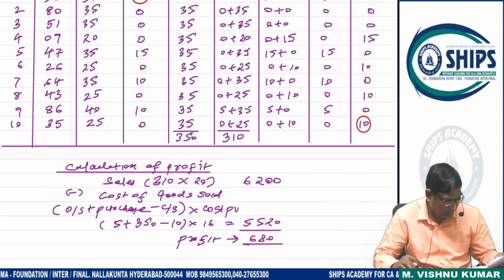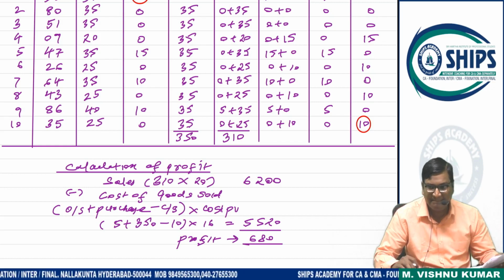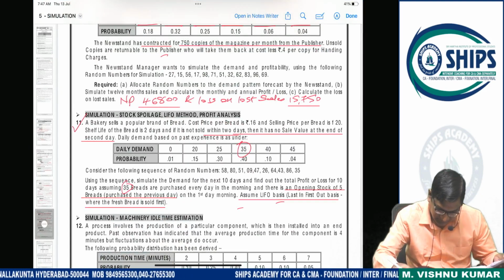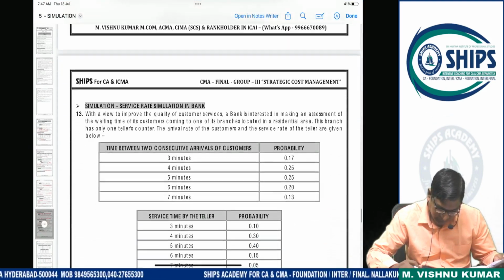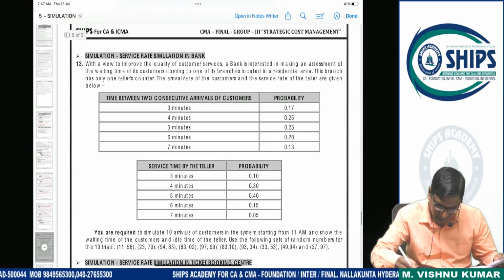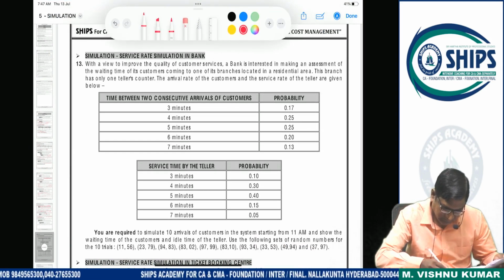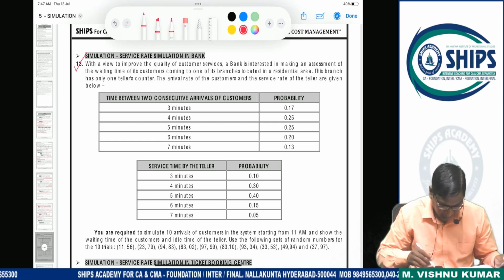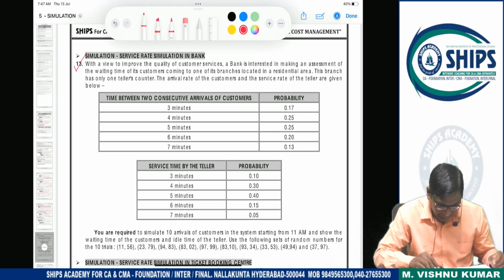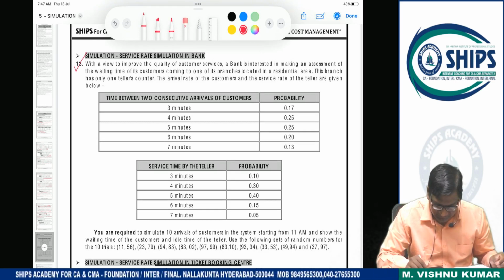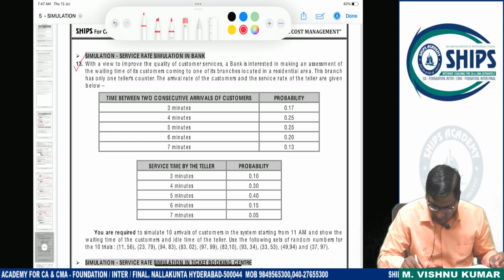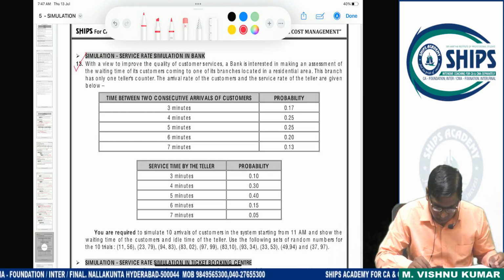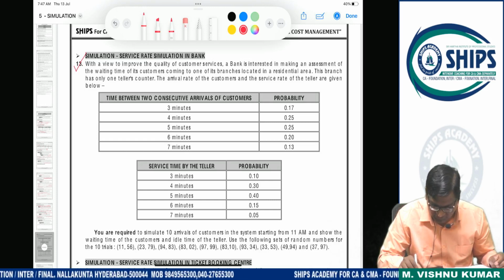చలిए, so we'll start question number 13 now. With a view to improve the quality of customer service, a bank is interested in making an assessment of waiting time of customers coming to one of its branches located in a residential area.